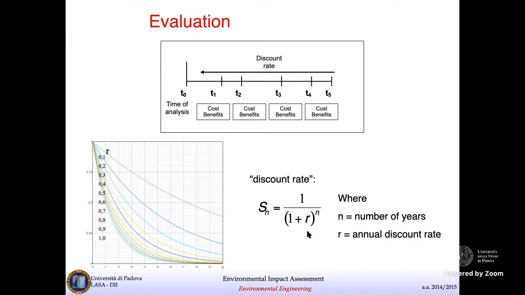This function is, of course, an exponential decreasing function, so that, the annual discount rate being fixed, it tends to go to 0 when the years of a project advance.